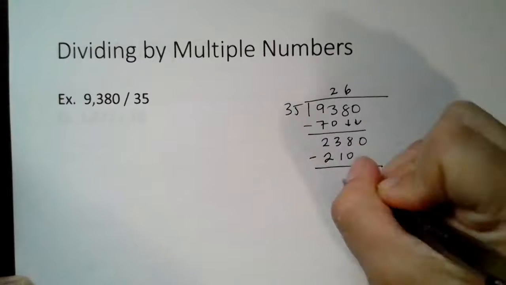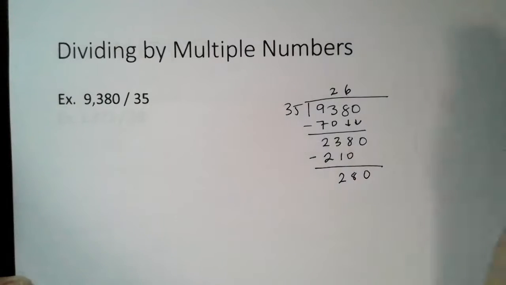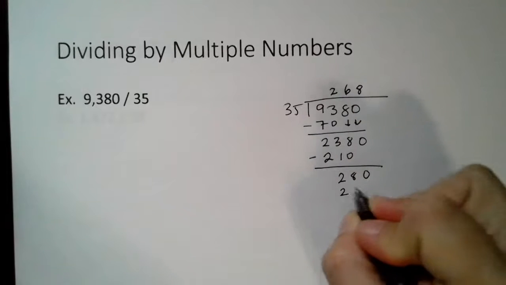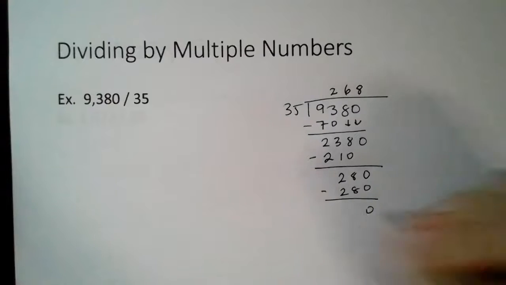Subtracting, we get 2, 8, and then 0. So 35 goes into 280 how many times? It actually goes in exactly 8 times. So that's your answer, 268.